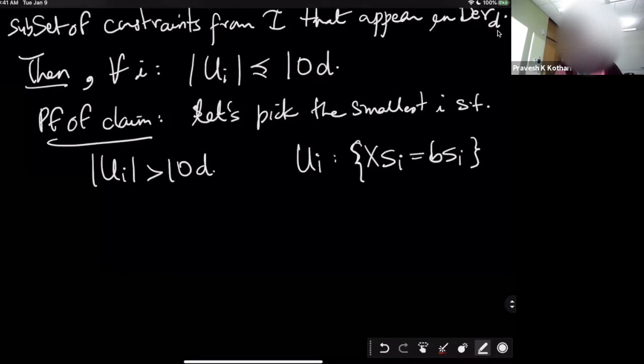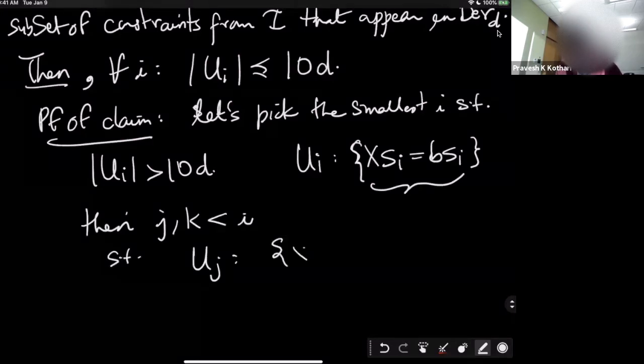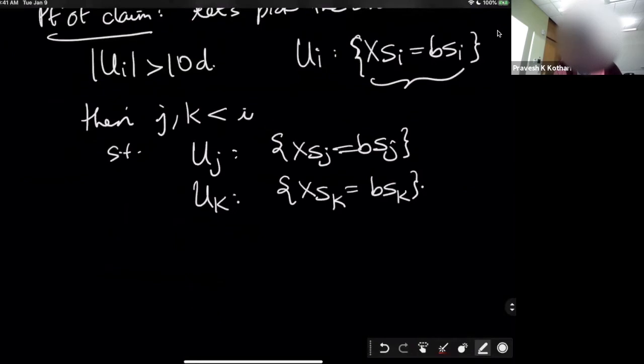Most of the complexity, by the way, in all of this proof is notational. So hopefully, if I say things multiple times, it will make sure that everything is clear. Ui is the collection of clauses that correspond to the constraint x_si equals b_si. How did we obtain this? There are j, k less than i, such that uj, which corresponds to the constraint x_sj equals b_sj, and uk, which corresponds to x_sk equals b_sk.